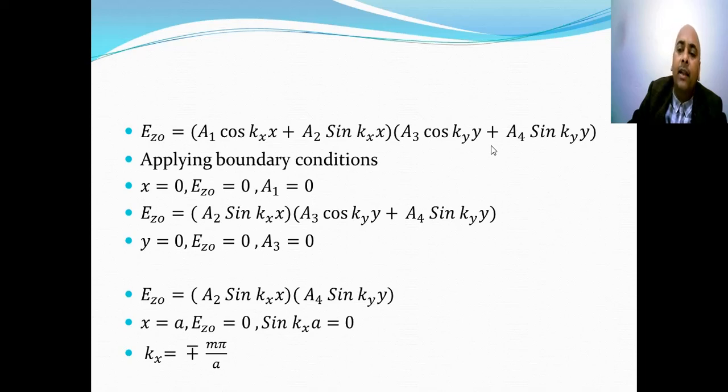If a conductor is placed along the xy plane, the Ex component as well as the Ey component on the conductor will be equal to 0, because if there are some charges on a conductor, they will try to neutralize each other, and on the surface of the conductor the electrical field will be 0.